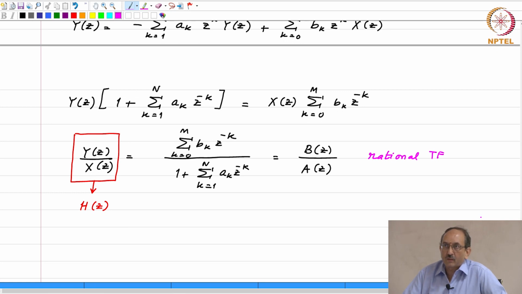Given an RLC circuit, what you have been doing in that course is you would replace R by R, L by sL and C by 1 over sC, and then you write equations and come up with the system transfer function. The converse also is true.